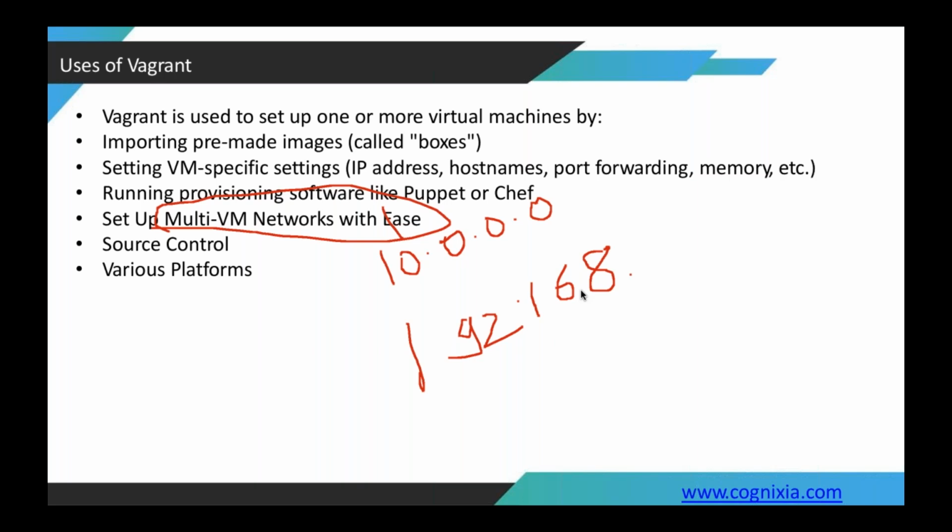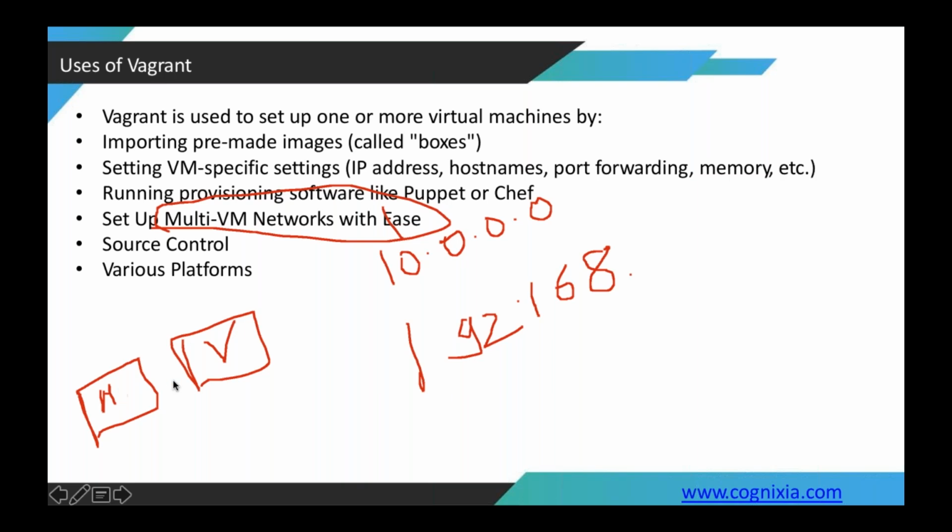And there will be a bridge networking. That's more of a networking concept, but for you, you can understand it like this: if you have a host and a virtual machine, then you can use bridge networking. Let's say this is your host machine, and this is your virtual machine.